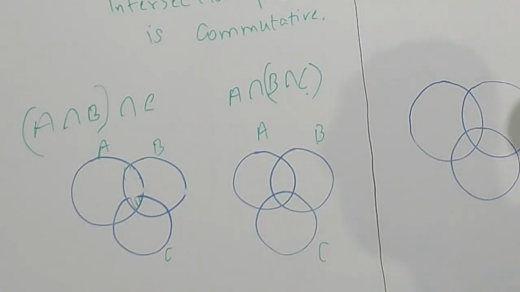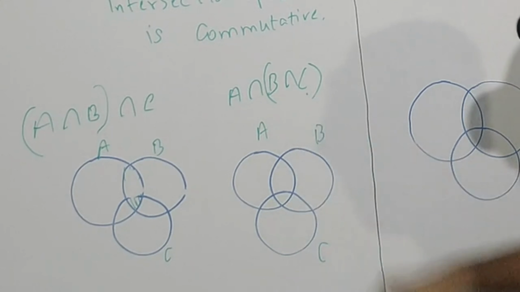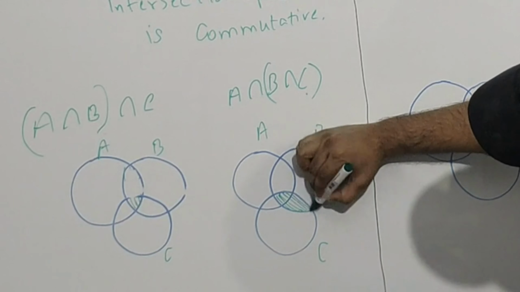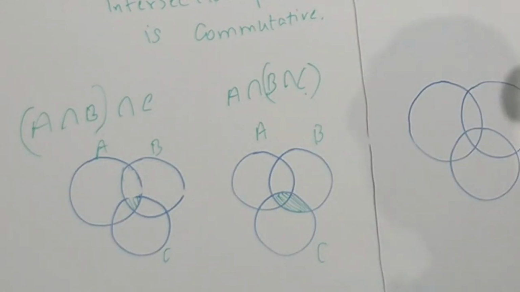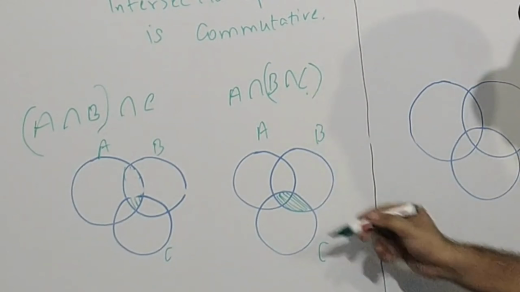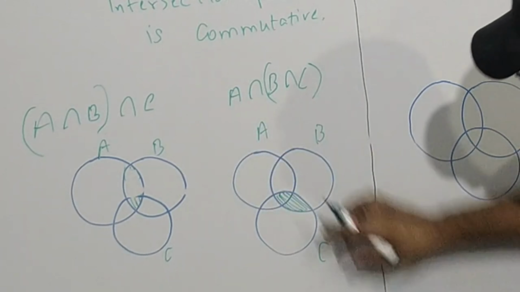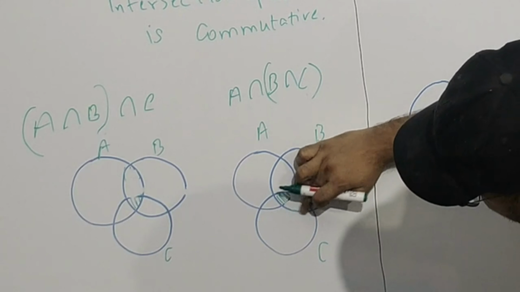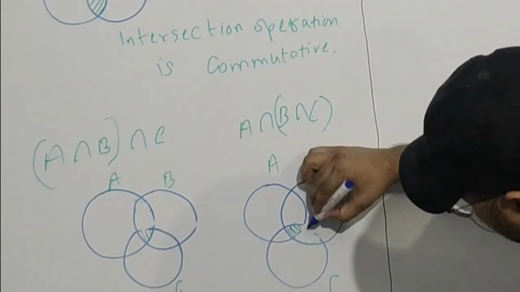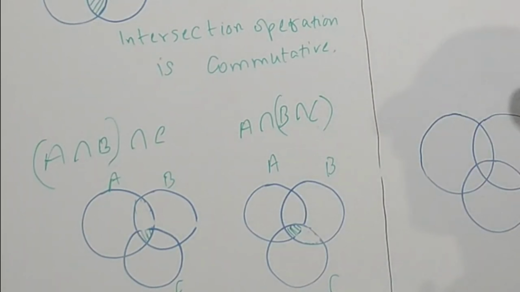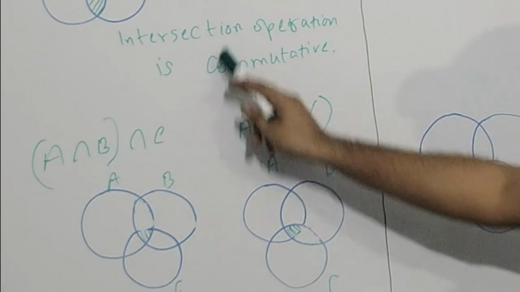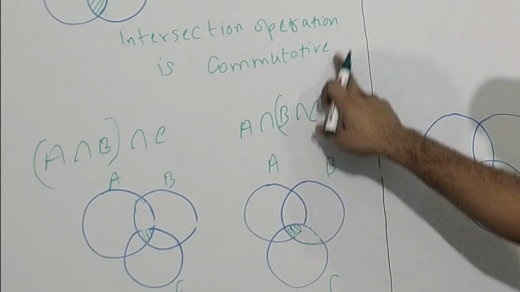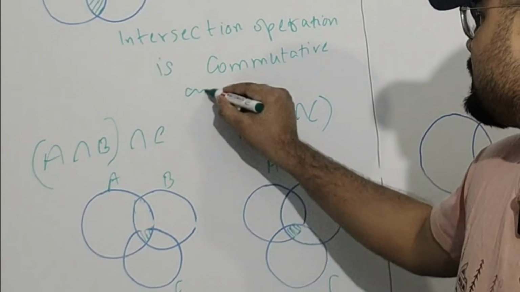In a similar way, B intersection C is all of this area, and A intersection B intersection C is just this part. So intersection operation is commutative and associative.